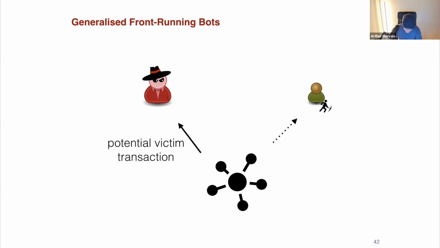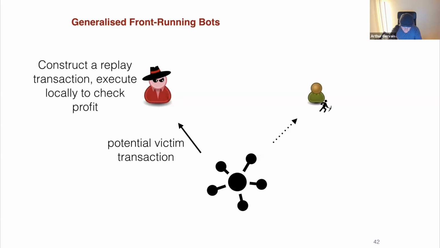Basically, it's where a potential victim transaction is being broadcast in a peer-to-peer network. The adversary listens to the peer-to-peer network, probably has a lot of connections there to receive information early on. Then the adversary constructs and replays this particular victim transaction, and executes it locally to check whether it's profitable.